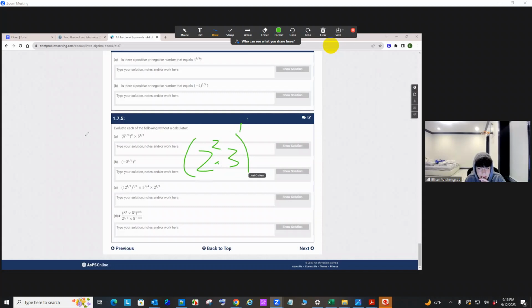This is to the 1/2 power, right? And then this is to the 3/2 power, right? So then it's 2 squared times 3 to the 3/4 power, right? Because it's 3/2 times a half, right?